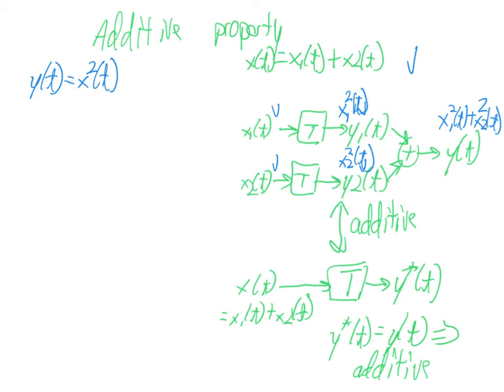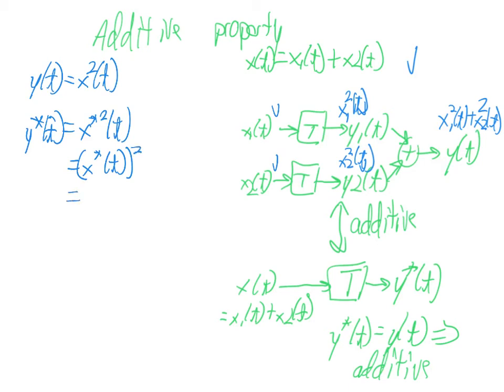Now let's find out what the system actually does to the sum of two signals. So y star of t is going to be x star squared of t. If I write that out a little more literally, you take the function x star of t and you square it.